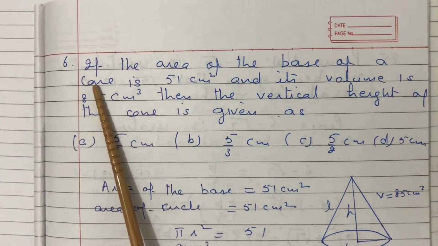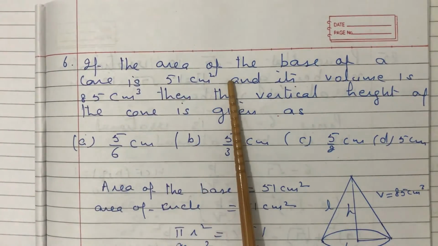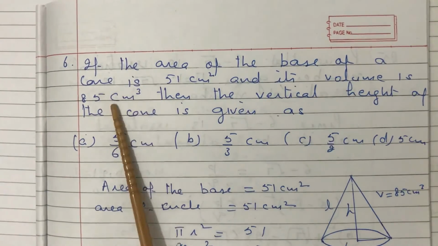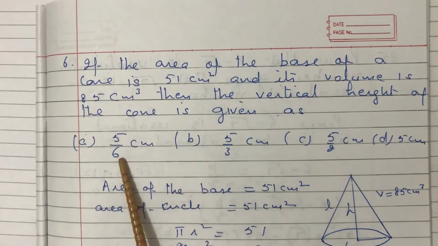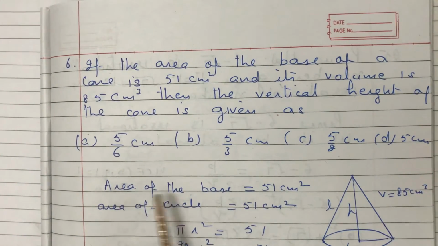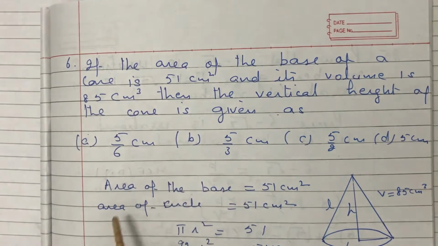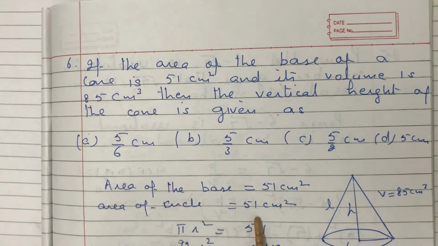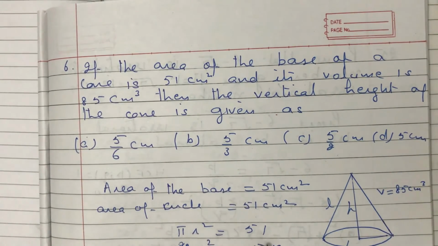Now the 6th question is, if the area of the base of a cone is 51 cm square and its volume is 85 cm cube, then the vertical height of the cone is given as, there are 4 options. Now area of the base means area of the circle, which is equal to 51 cm square. It means pi r square is equal to 51.